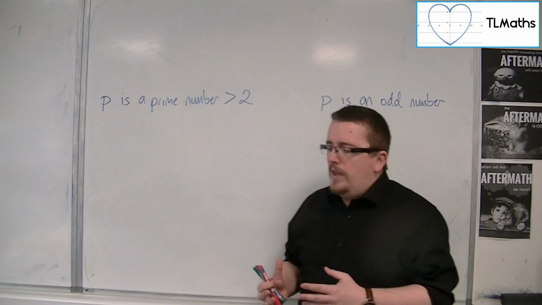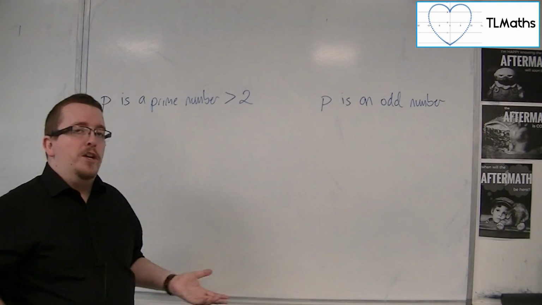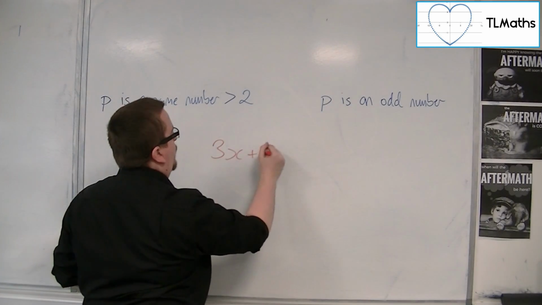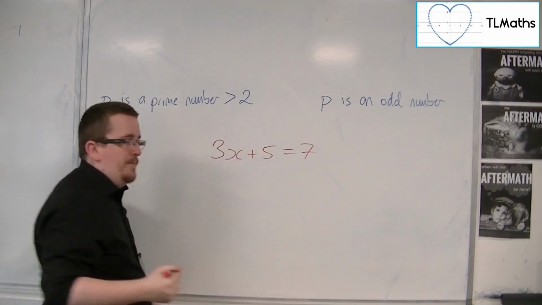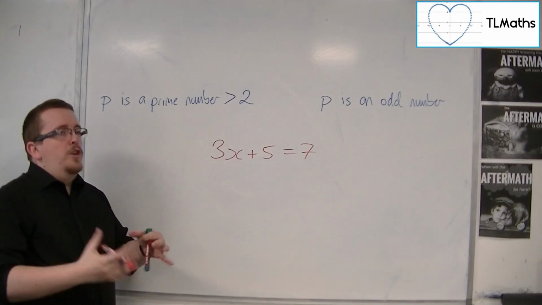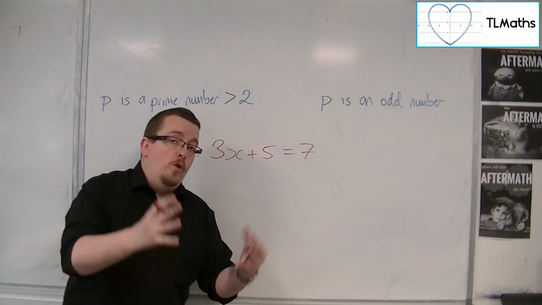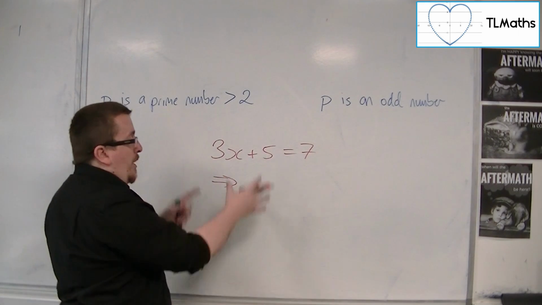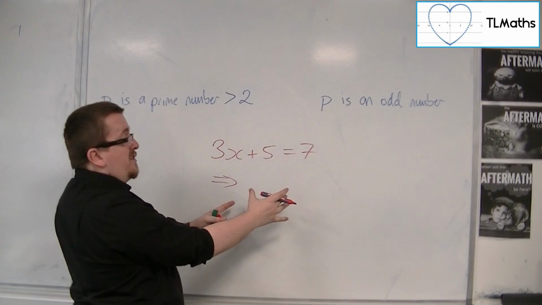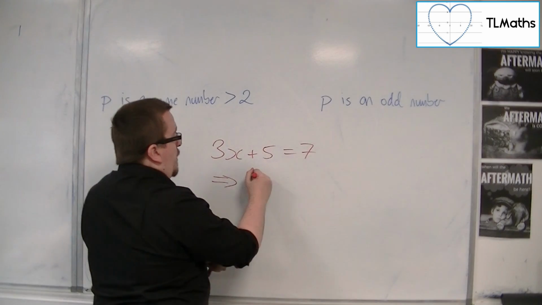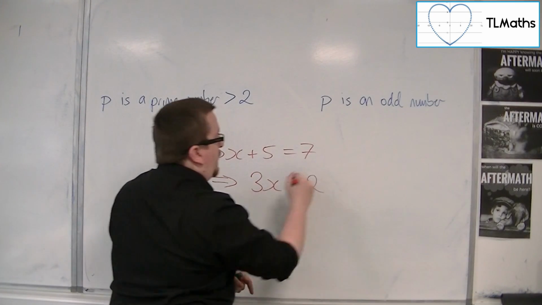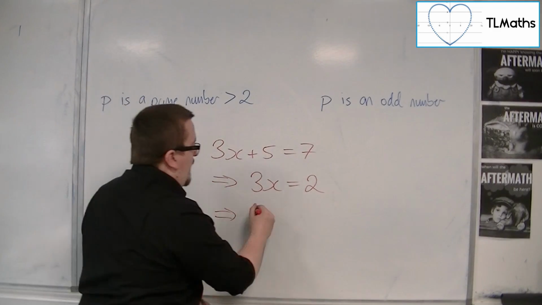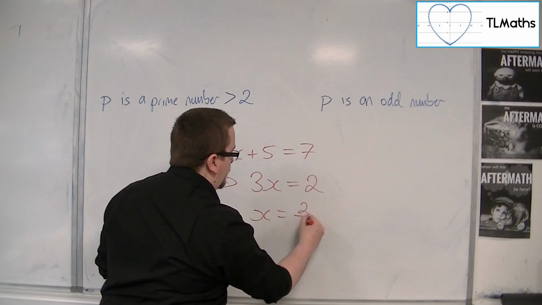If you think about solving an equation, let's say we've got an equation like 3x plus 5 is equal to 7, then usually what I may do, and what you may do, is draw an arrow, meaning I'm going from that line to the next line, where I would take 5 from both sides, so I'd get 3x is 2, and then I would draw another arrow, meaning that x is equal to 2/3.